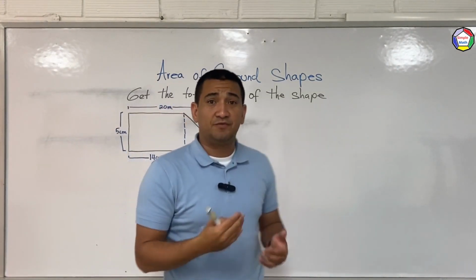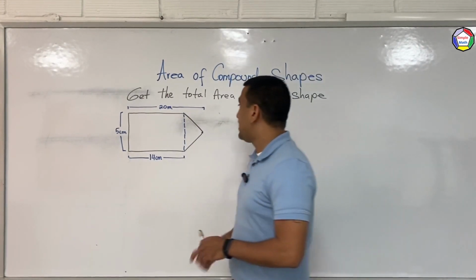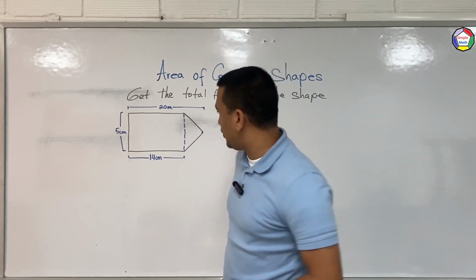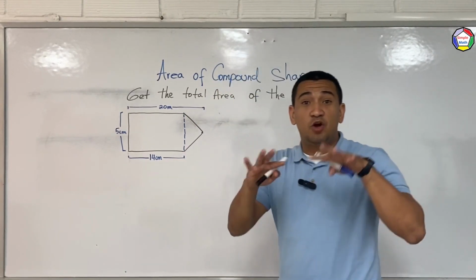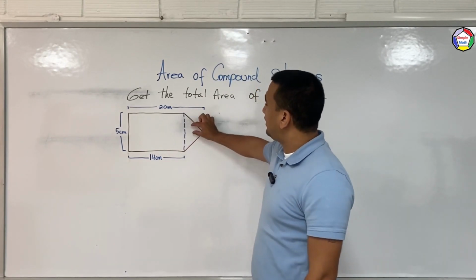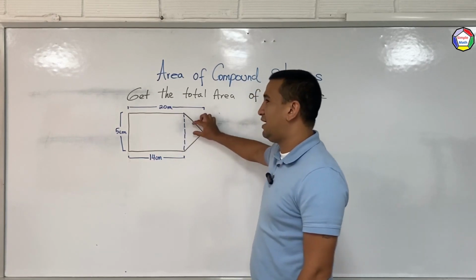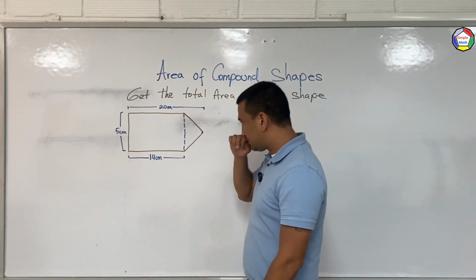Of course we have to analyze the things before we calculate the area of each one. The area of the compound shape is going to be the area of this rectangle plus the area of this triangle.